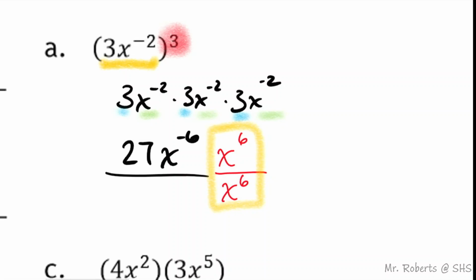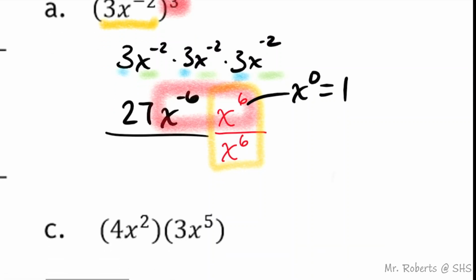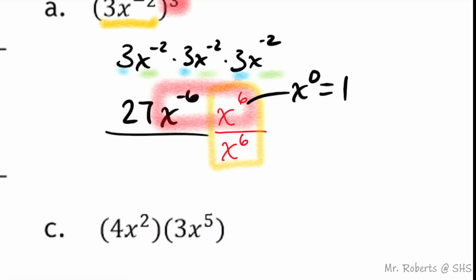And the other thing is that now in this numerator, when I multiply x to the negative 6 times x to the positive 6, that equals x to the 0, which equals the number 1. So not only did I multiply by 1, but I turned this negative exponent times a positive same thing into the number 1. What I'm left with is in the numerator, I have the number 27, and in the denominator, I have x to the 6th power.